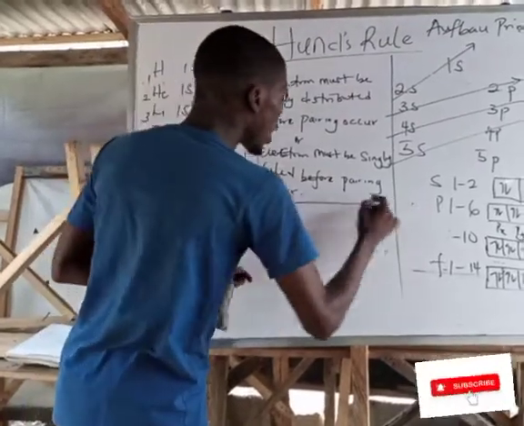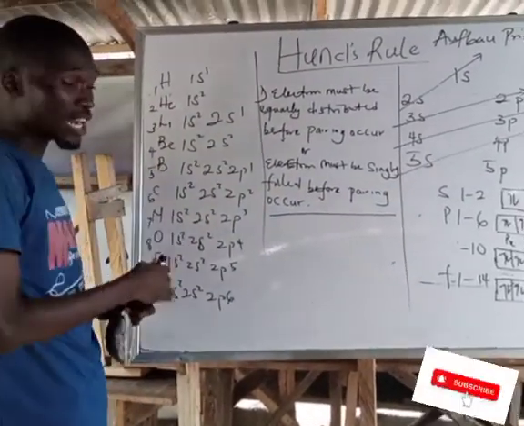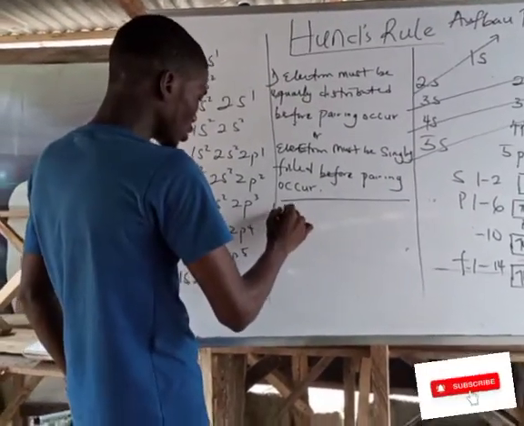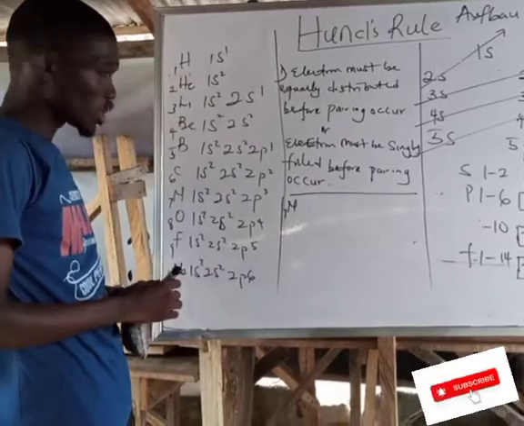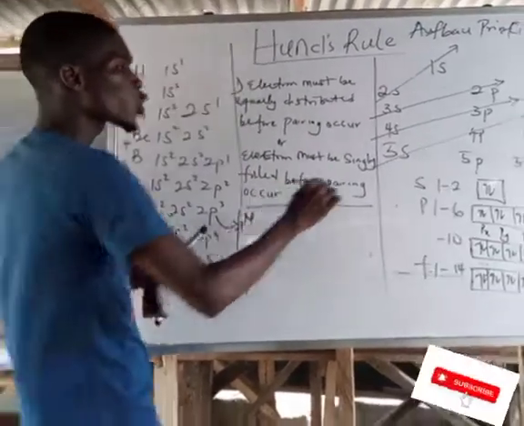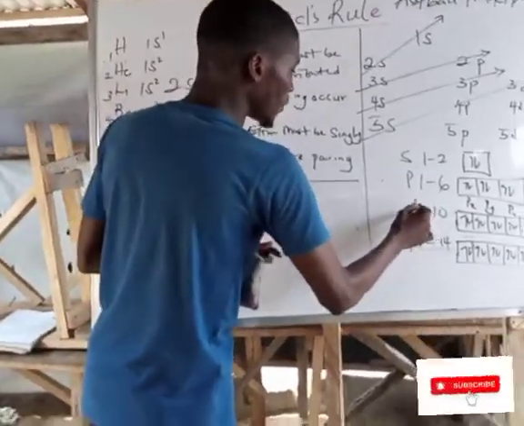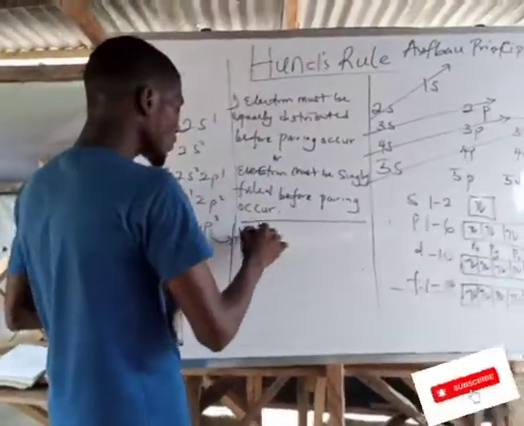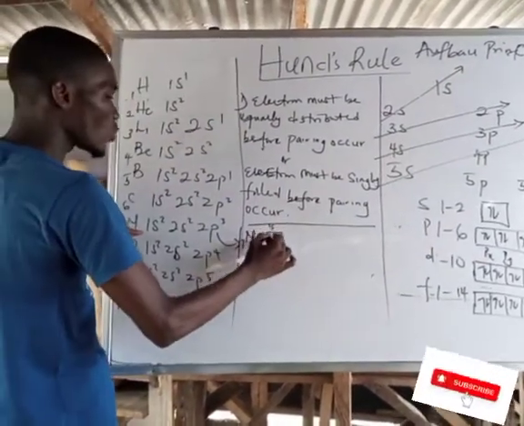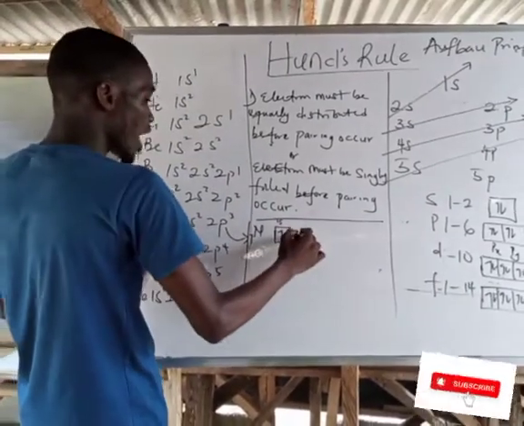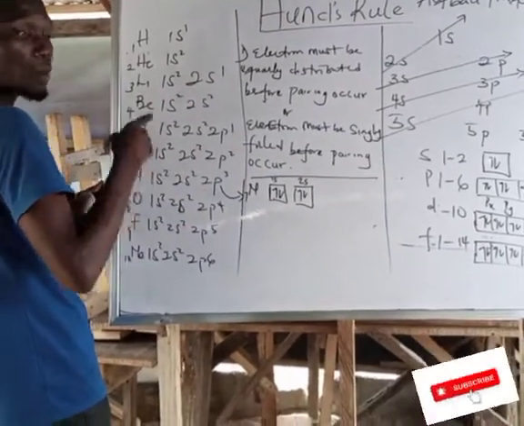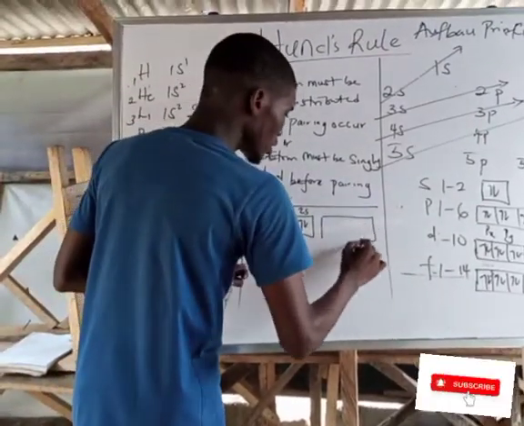So how do we relate this particular rule? I'm going to pick two elements from the first 10. The first one is nitrogen with atomic number 7. Go back to your s, p, d, f orbitals. We have 1s with 2 electrons, the next one 2s with 2 electrons, and the last one is p, with 3 electrons.